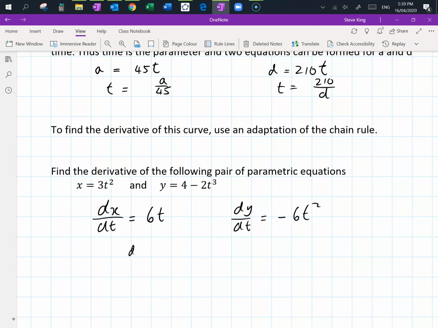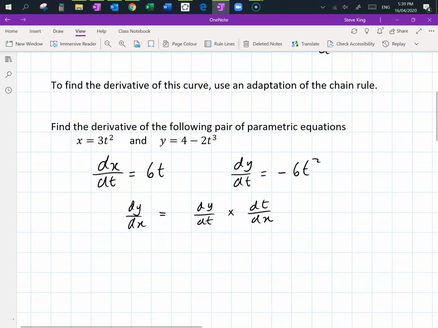And if I want to look at what the derivative dy/dx is going to be, well, then I can say this is going to be dy/dt times dt/dx. There's the adaptation of the chain rule that we're going to be talking about. dy/dt we have, it's over here, so that's going to be minus 6t squared.